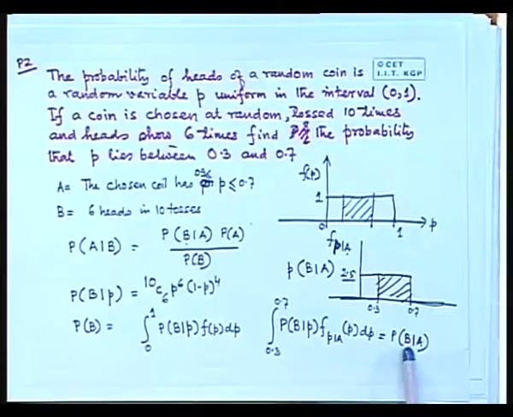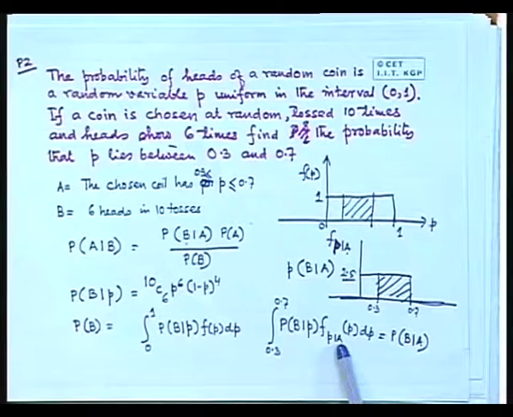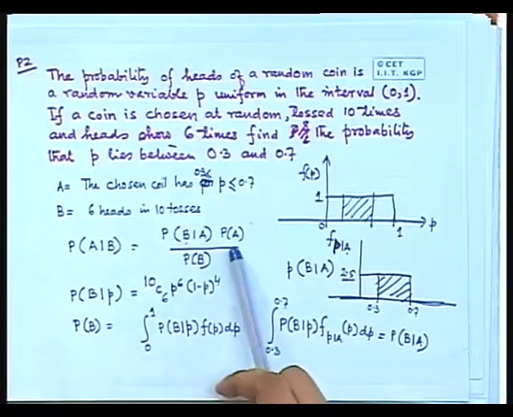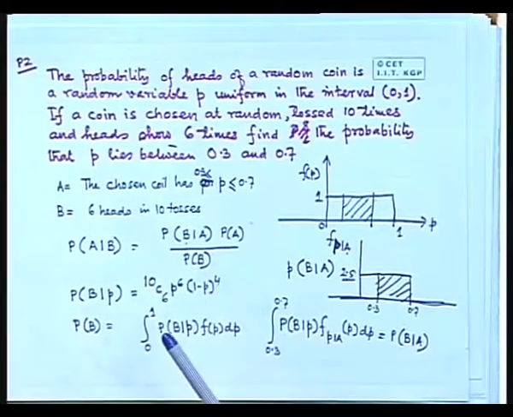So now this is probability of B given A. Now you can do the problem. Probability of B given A is given. This one you know, this one is nothing but 2.5. This you know, and you have to integrate between 0.3 and 0.7. And what is probability of A? 0.4.